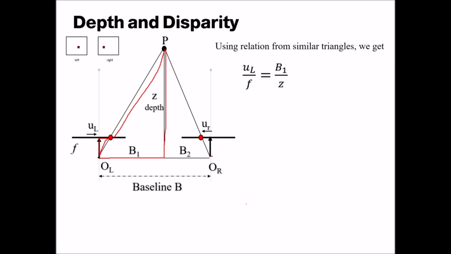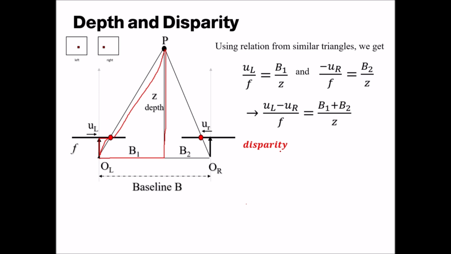The same way for the camera on the right side: minus UR, because now the direction is opposite of the UL. So minus UR divided by F equals the big triangle, which is B2 divided by Z. If you combine both of them, UL minus UR divided by F equals B1 plus B2 divided by Z. Now we can create something we call the disparity information.